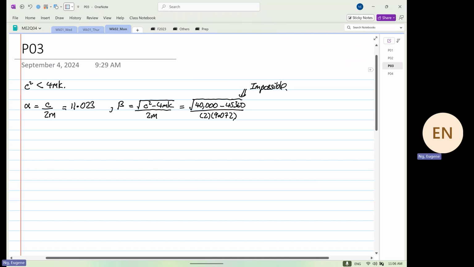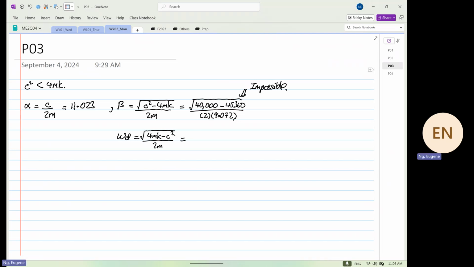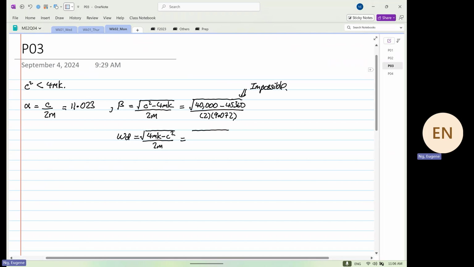So in this analysis, what you tend to do is you call it omega d. Now omega d is equal to the square root of 4mk minus C squared, divided by 2m. I tend to do it this way because it helps me remember that we have to formulate omega d. So from here, once you flip it over, 45,360 minus 40,000, divide by 2, divide by 9.072.